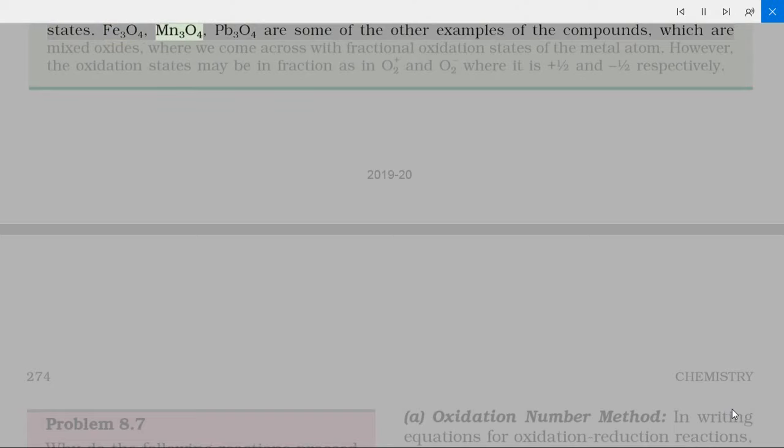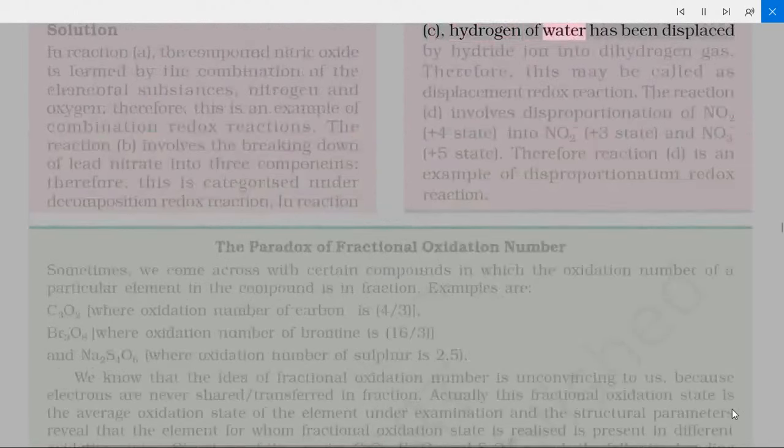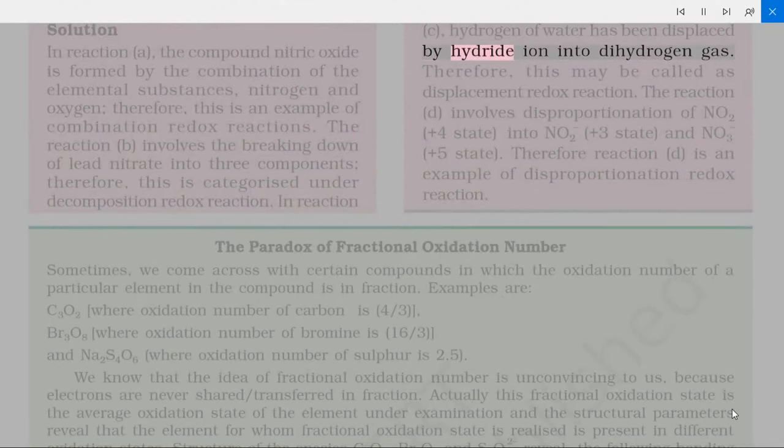Fe3O4, Mn3O4, Pb3O4 are some of the other examples of mixed oxides, where we come across fractional oxidation states of the metal atom. However, the oxidation states may be fractions as in O2+ and O2-, where they are +1/2 and -1/2 respectively.